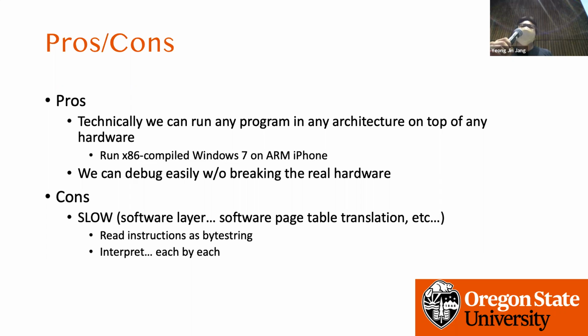QEMU was a naive one, just interpreting everything. But for performance reasons, it has been developed a lot to apply just-in-time compilation. What that means is that if you have a block of x86 assembly, we actually use a compiler to compile it into ARM code and then just run it.